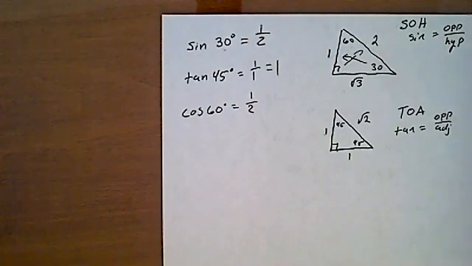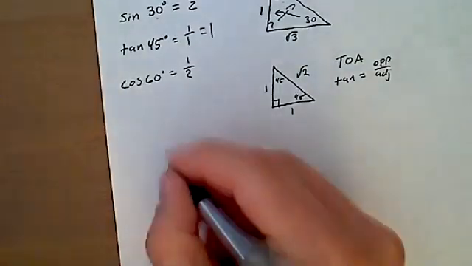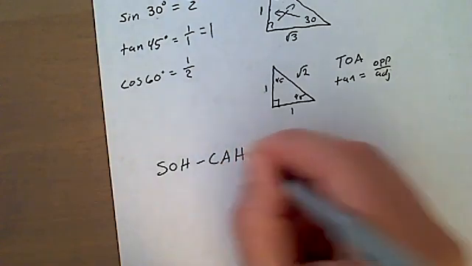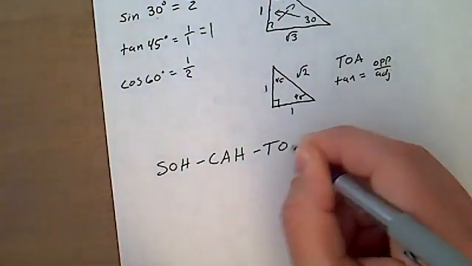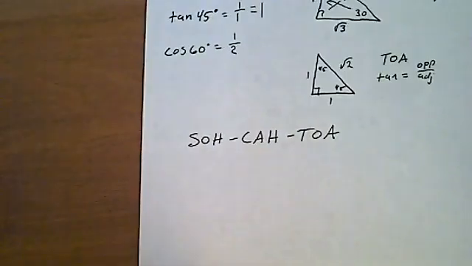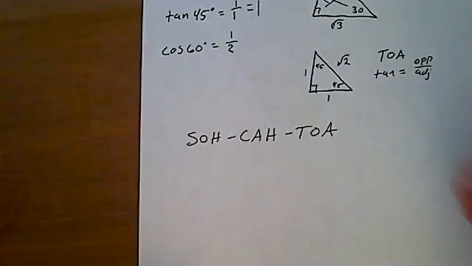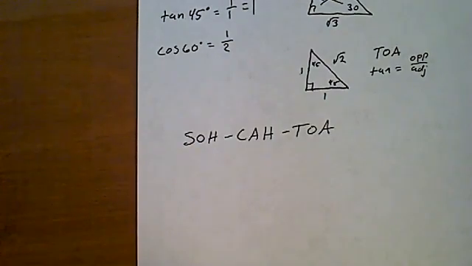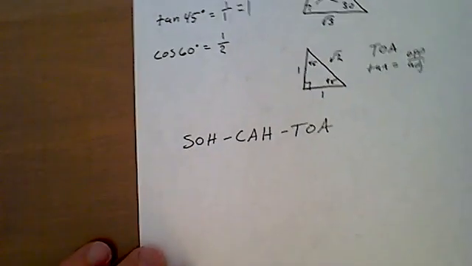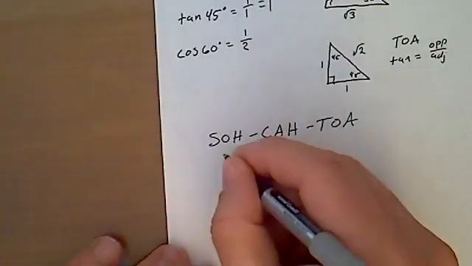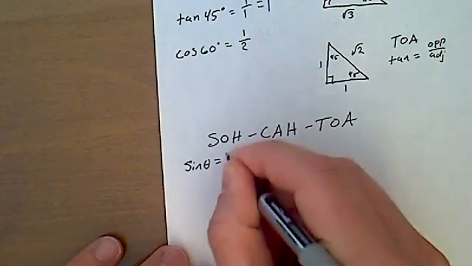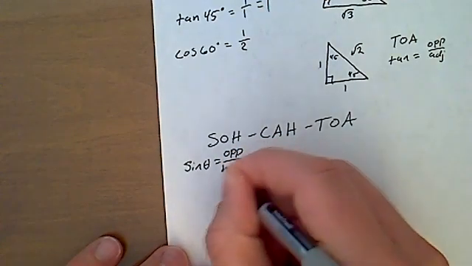So again, a few reminders, things that are important. This is the most important thing for the day. That is SOHCAHTOA. We use it for the next, I don't know, 4 to 5 days, probably into next week at least. Again, this is sine of an angle is the opposite over hypotenuse.